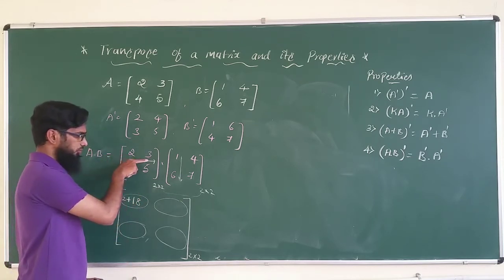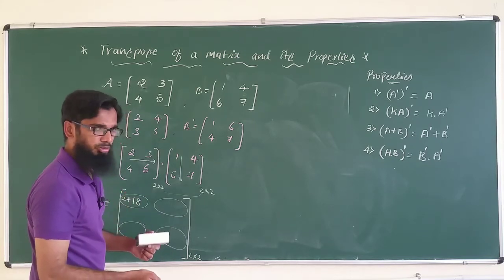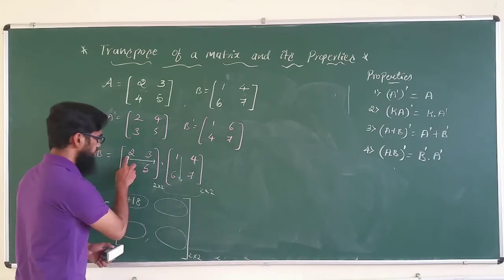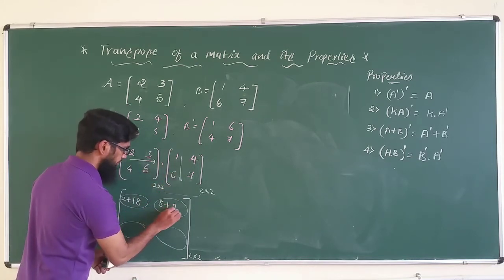Take the first row and second column: 2 fours are 8 plus 3 sevens are 21.